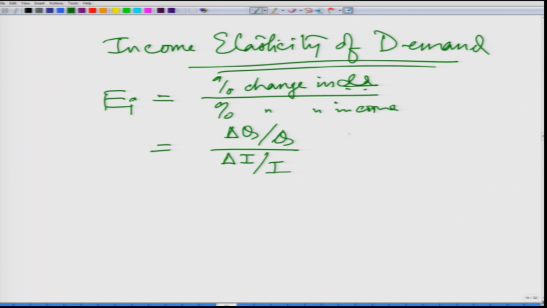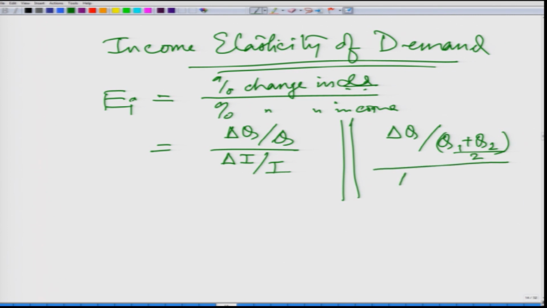If you want to take it as an arc elasticity, then it is change in demand by average demand, or average quantity, divided by change in income by average income. So this follows the concept of arc elasticity.